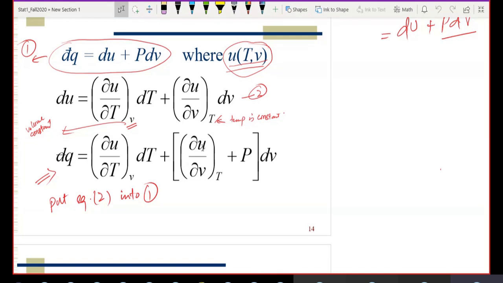So dq now becomes partial u over partial t with v as constant dt plus partial u over partial v dv, and we have plus p dv from equation 1, this part as it is.